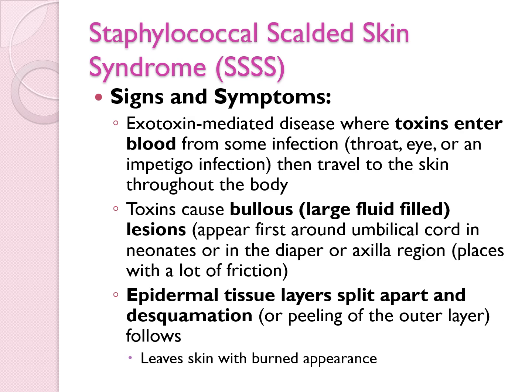And then from there, once in the blood, that toxin travels throughout the body. These toxins can cause a bulla, those large fluid-filled lesions, those boils, and this is going to start to cause the layers of the skin to separate.